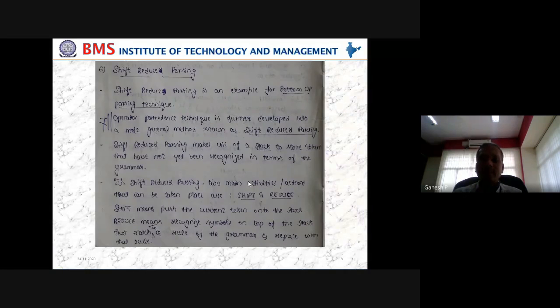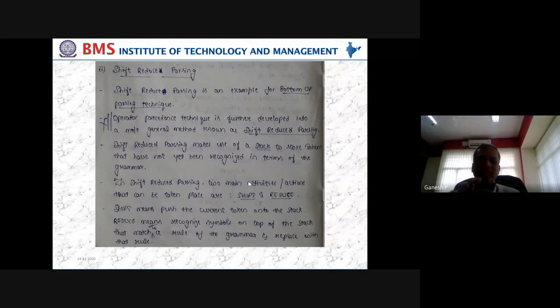So mainly two activities are there in shift reduce parsing: shift and reduce. Shift means we push the data onto the stack. Reduce means we recognize the data we have pushed onto the stack as one of the grammar rules. As and when they match that grammar, we reduce.